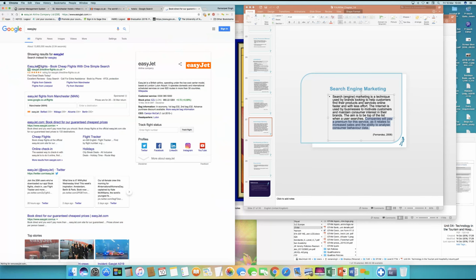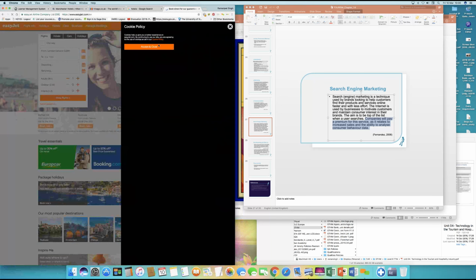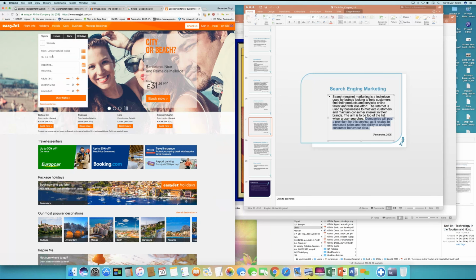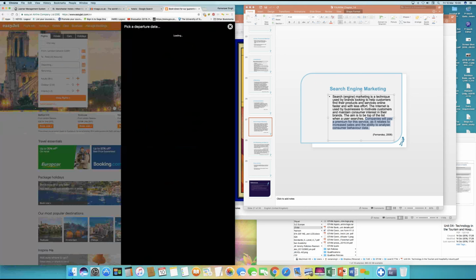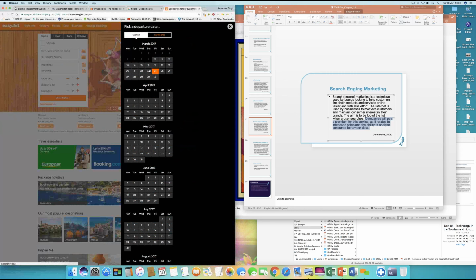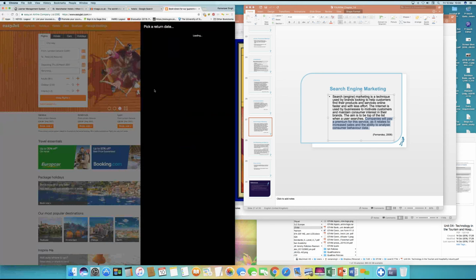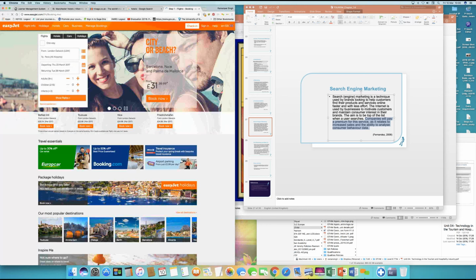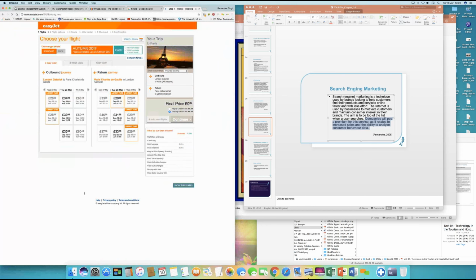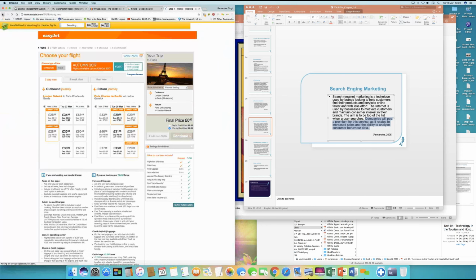So here, look at London Gatwick to Paris, all airports, departing on 23rd, coming back on 28th, show flights. As you see, all the associated services are underneath.